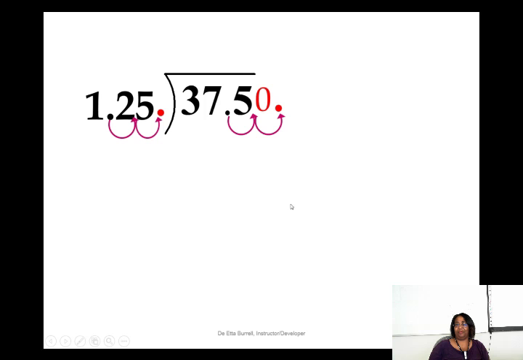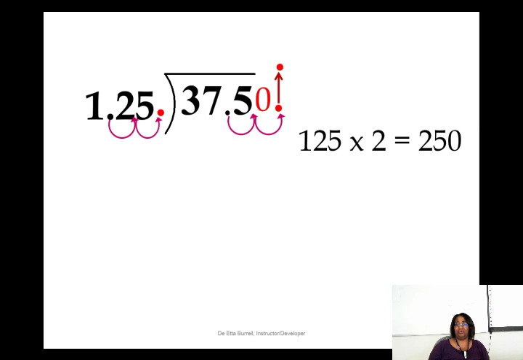Add a 0. And I'm going to go ahead and make a decimal up here and make my line a little bit longer because everything's moved over. So I'm dividing 125 into 3,750 for those of you that want to rewrite it.